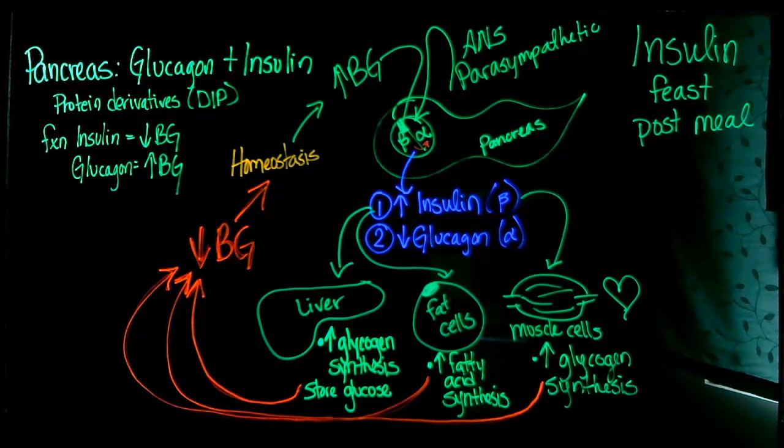So liver cells, fat cells, and muscle cells in skeletal muscle as well as in cardiac muscle are able to draw that blood glucose to their interior, convert it into more complex sugars or fats, and store it for later. This overall has the effect of decreasing blood glucose levels to get a patient's body back into homeostatic ranges.